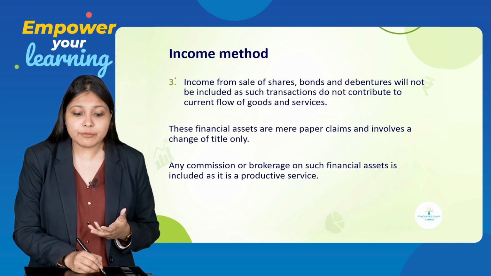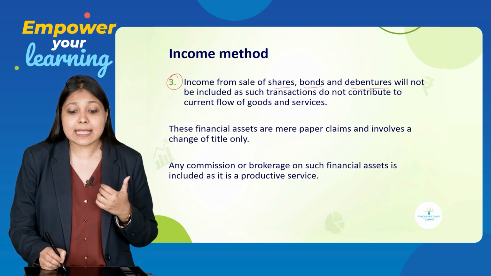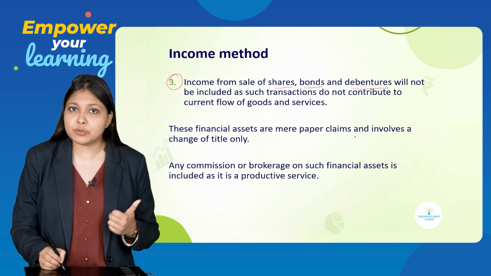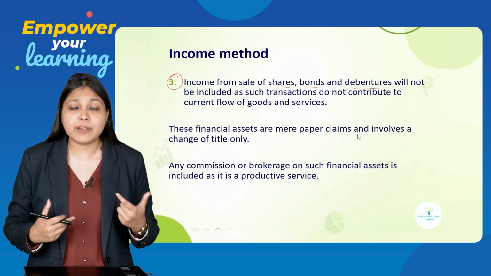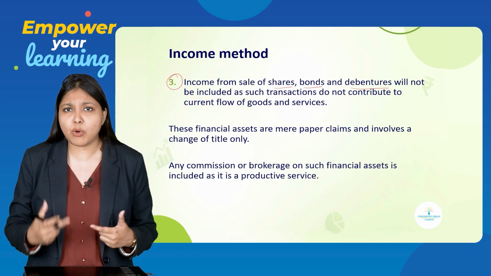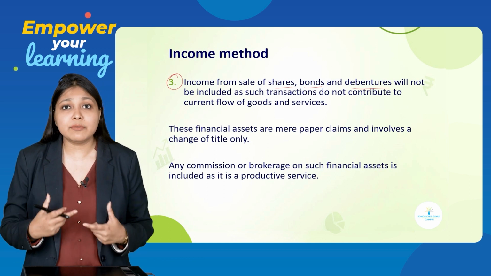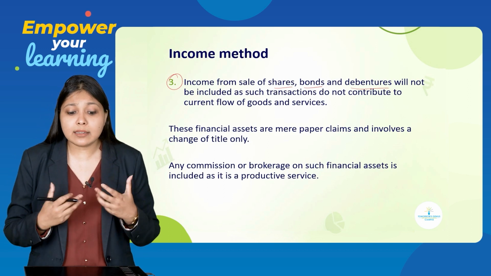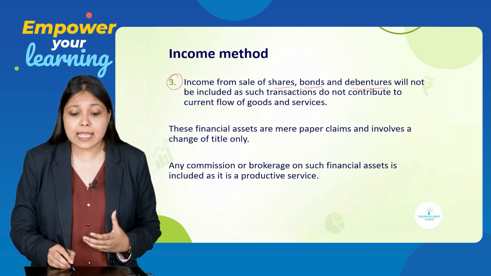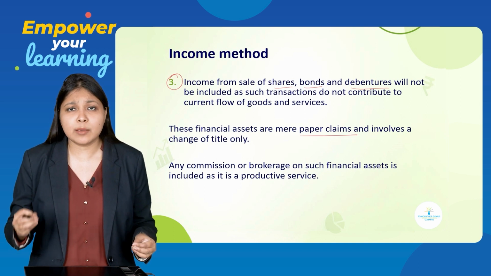Third, income from sale of shares, bonds, debentures will not be included as such transactions do not contribute to the current flow of goods and services. So, any income received from financial assets like shares, bonds, debentures, equities, preferences, etc. will not be included in national income because these are nothing but financial assets and paper claims which just involve a change in the name of title.